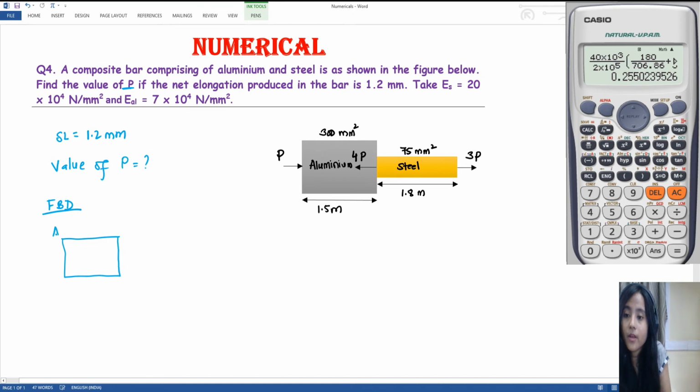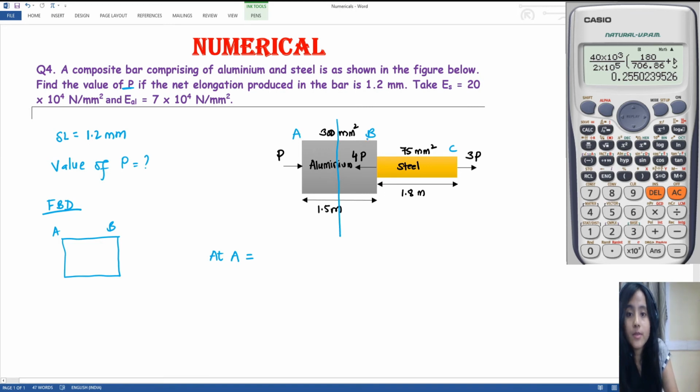I have A and B, right? I'll name these A, B and C. At A, I need to take half of this section.